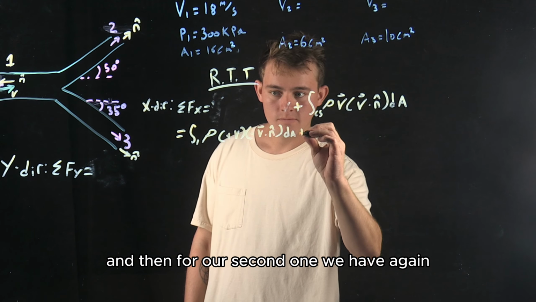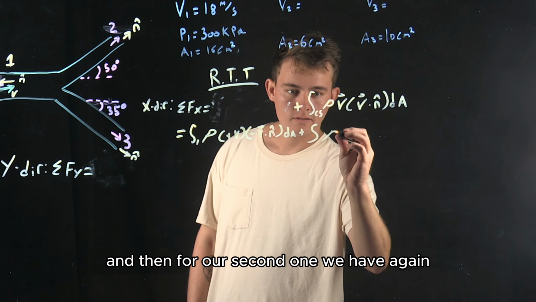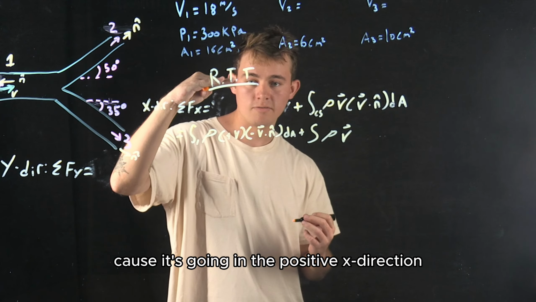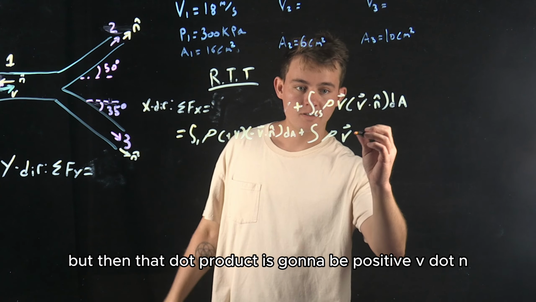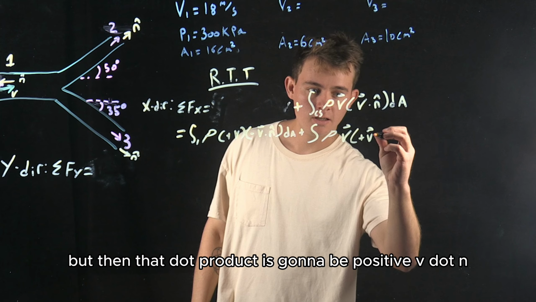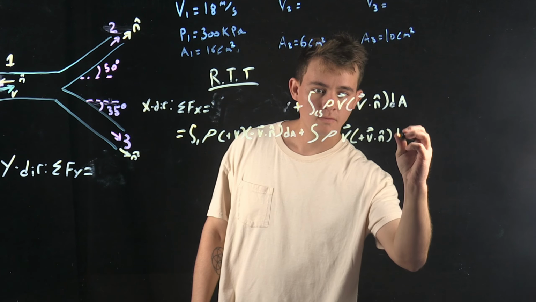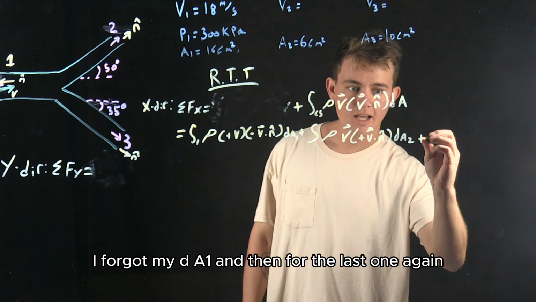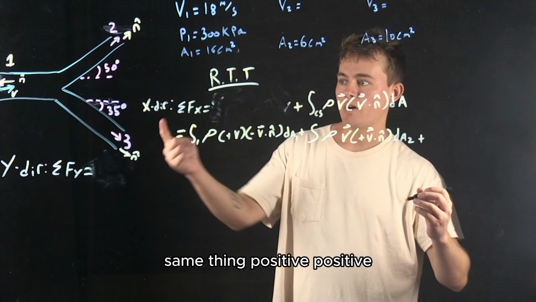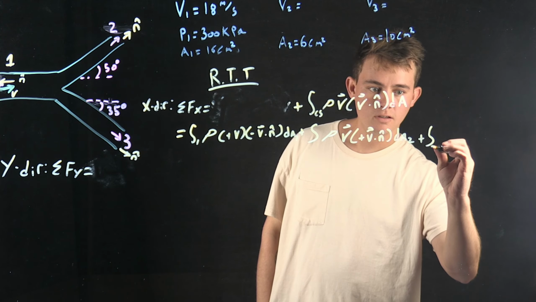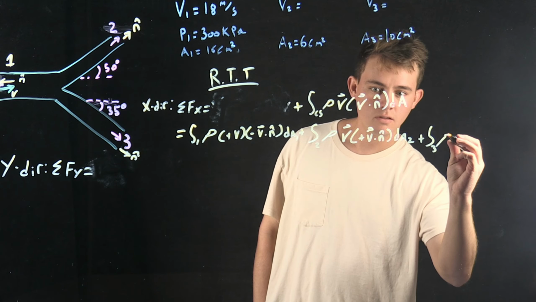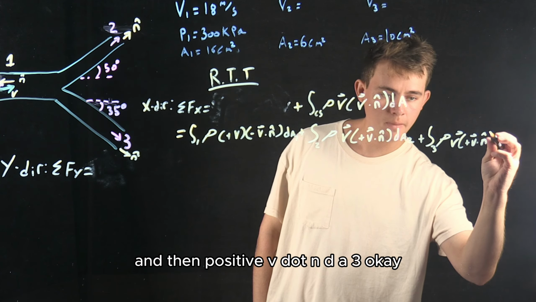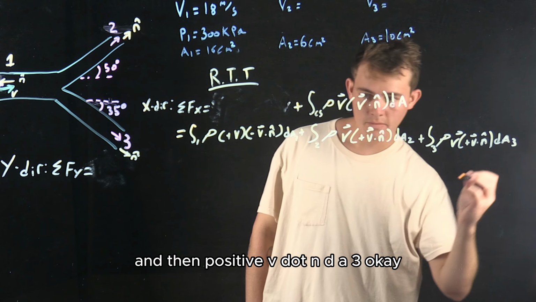And then for our second one, again, v is positive because it's going in the positive x direction, and the dot product is going to be positive v dot n, dA2. I forgot my dA1. And then for the last one, again, same thing, positive, positive, and then positive v dot n, dA3.